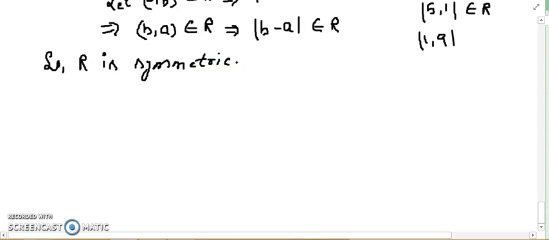Now we check for the transitive. So let us check for transitive.